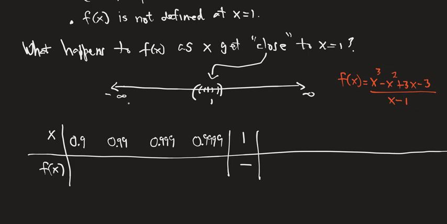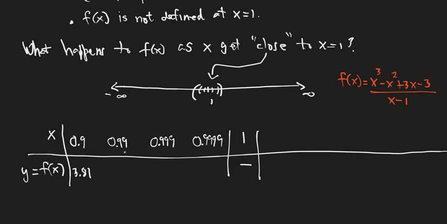So if you plug 0.9 into this table, I'll round the values to 4 decimal places, since the closest value of x that I have to 1 is to 4 decimal places. I'll put these function values, and you can think of them as y values as well. So when you plug 0.9 in, you'll get 3.81.